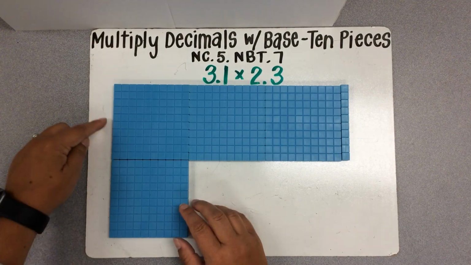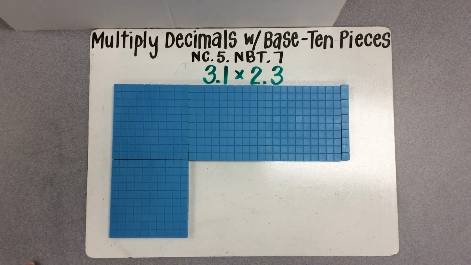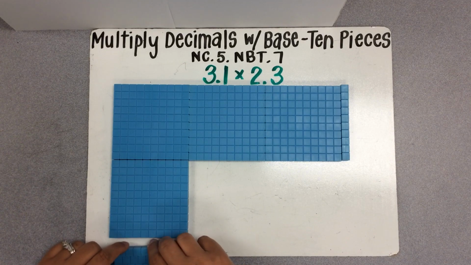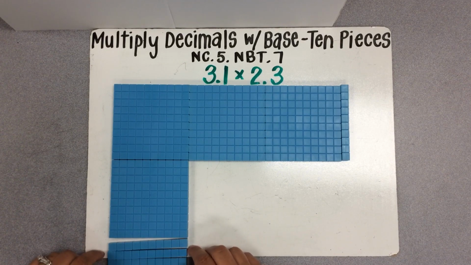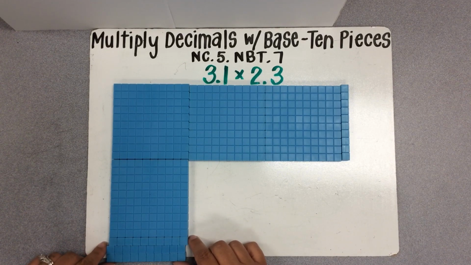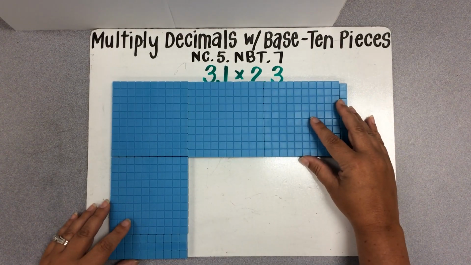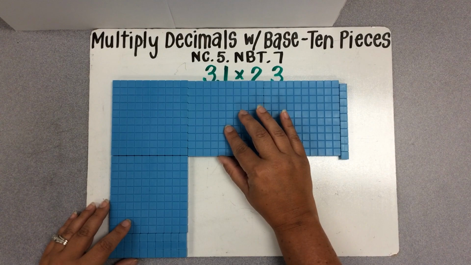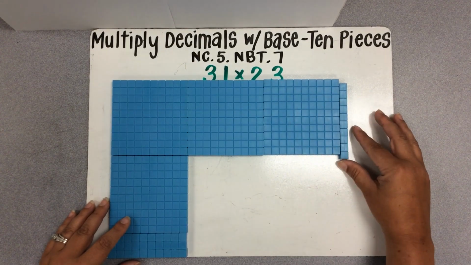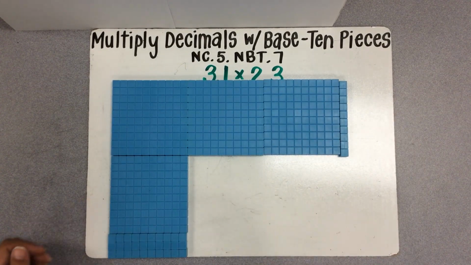So here's by 2. And then we need 3/10. So I'll put the 3/10 right down there. And so now we have the outline of the array. We will just need to go ahead and complete the array. We'll have to finish up this 3 1/10 by 2 3/10 array.